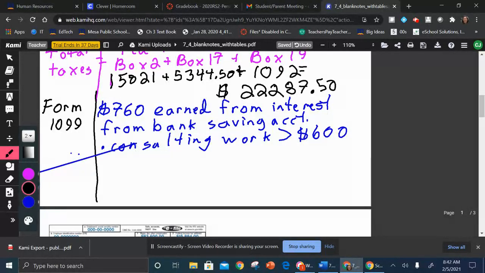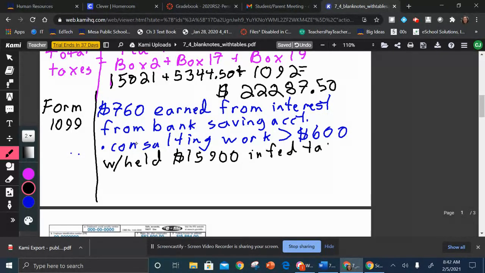So do you owe or get a refund? Okay, so you withheld $15,900 in federal taxes, and the taxes due, your tax liability was $13,280.